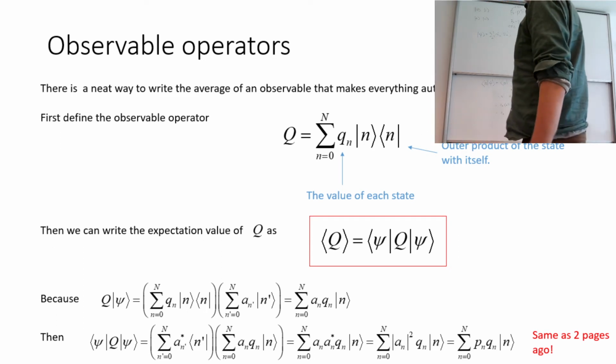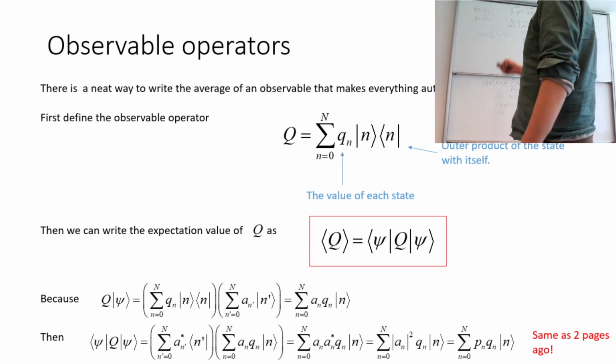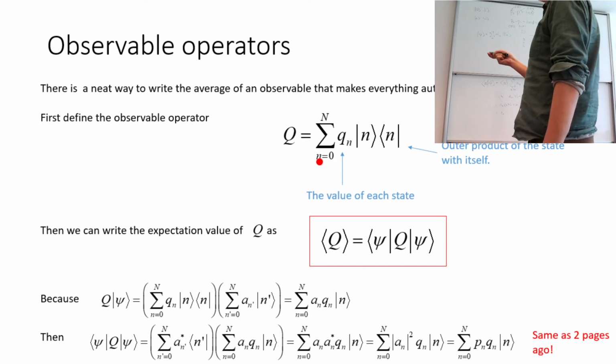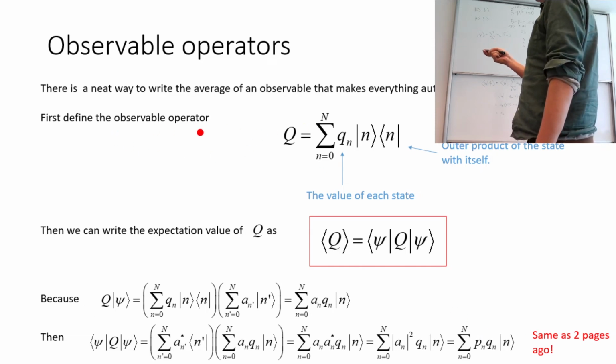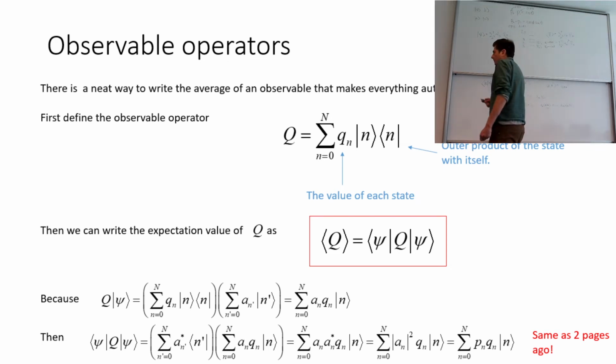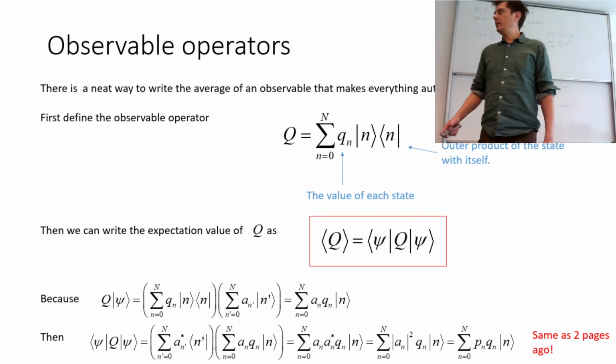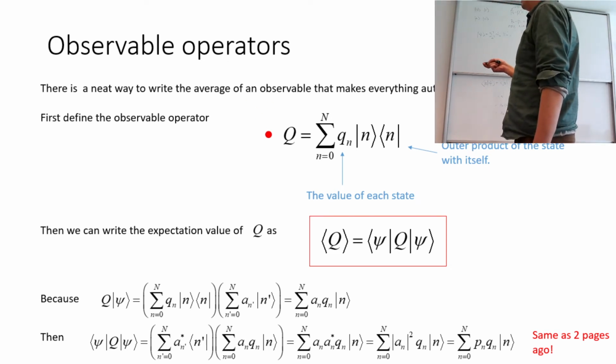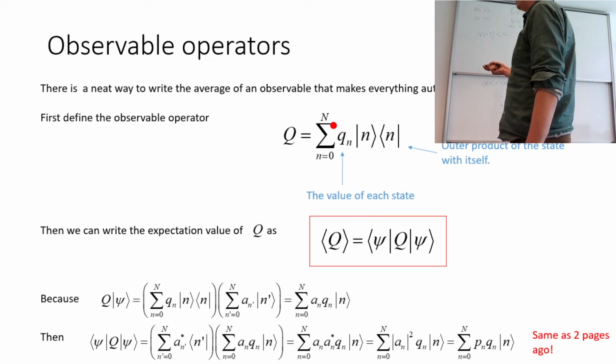And what we can actually do is define this observable operator. And this is actually a matrix. And the way that it's defined is like this. So here are the values, Q_n, the values that we were talking about.